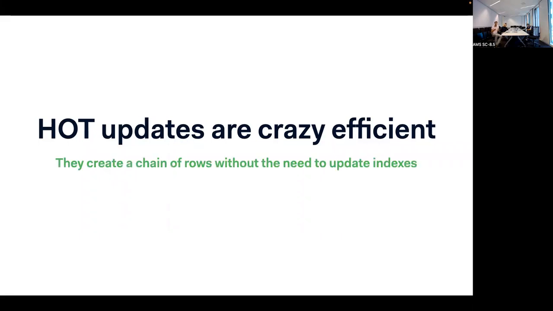Hot updates, or the heap-only tuple updates, are very efficient just because they are updating only a single page. They create this chain of rows without the need to update indexes. And updating indexes is the actual part where write amplification takes place. Write amplification is the process where if you update a single row, you have to update all of the indexes. And that can add up very quickly.